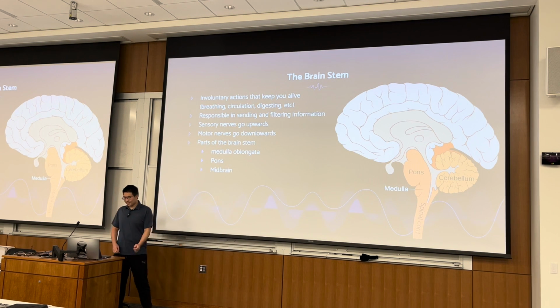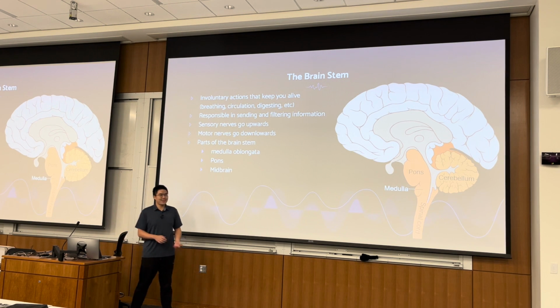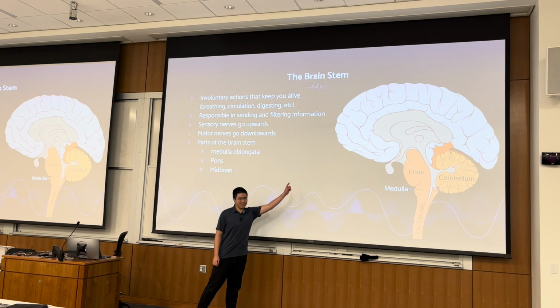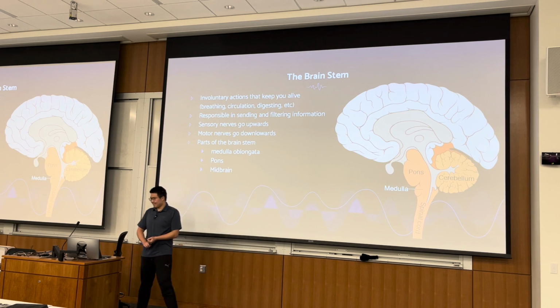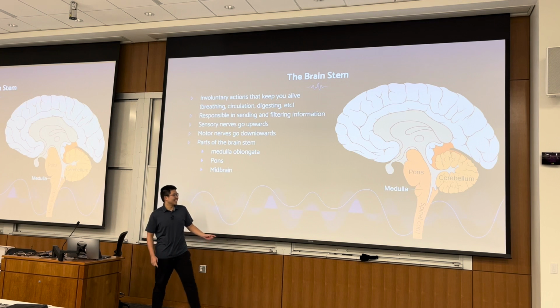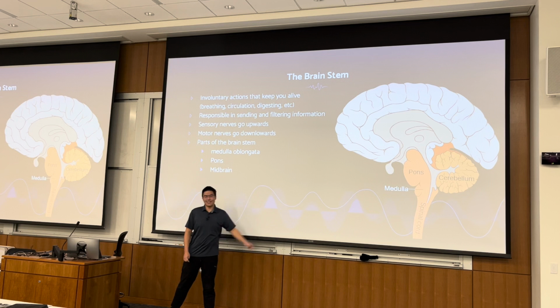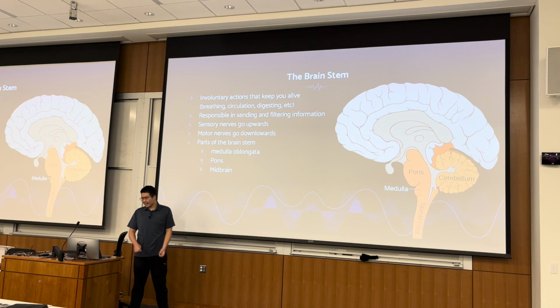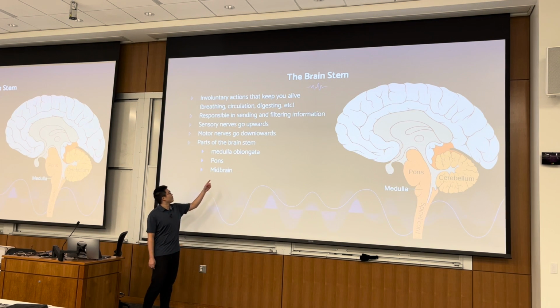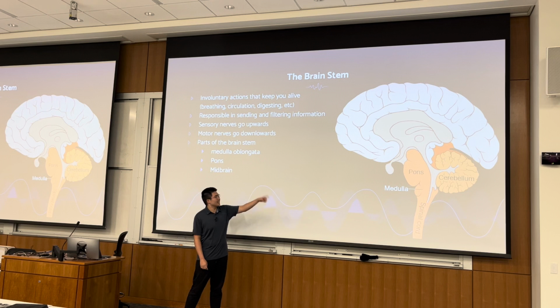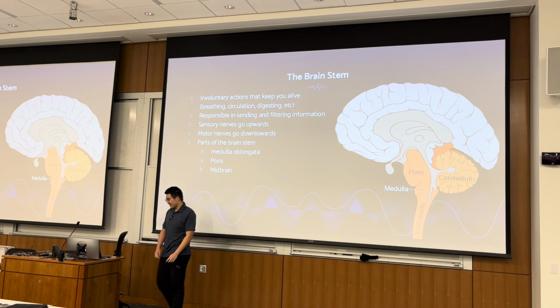Our sensory nerves will go up, which is when you feel something, the information will travel up to your brain. Also, the motor nerves will go downwards because it's commands being sent to your body. And we have the medulla oblongata, the pons, and the midbrain, and these are all parts of our brainstem.